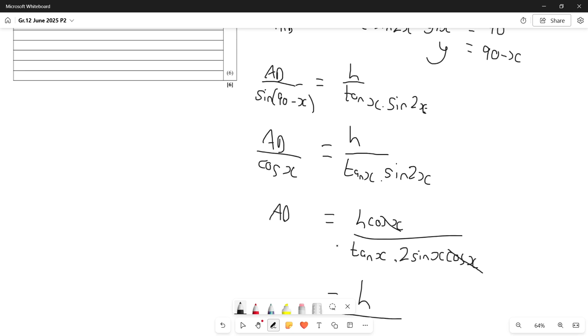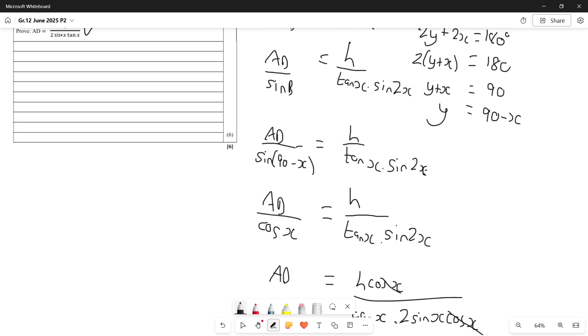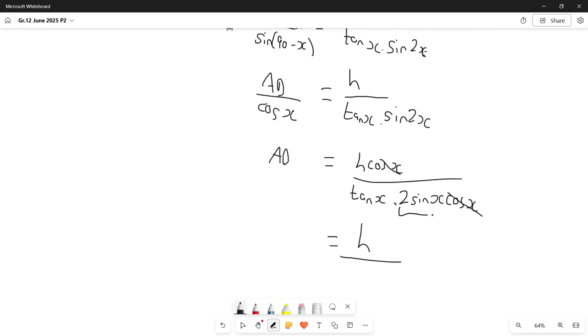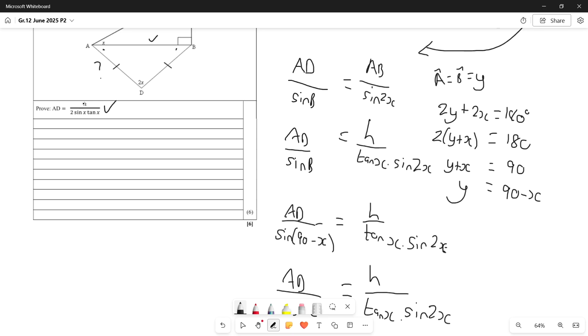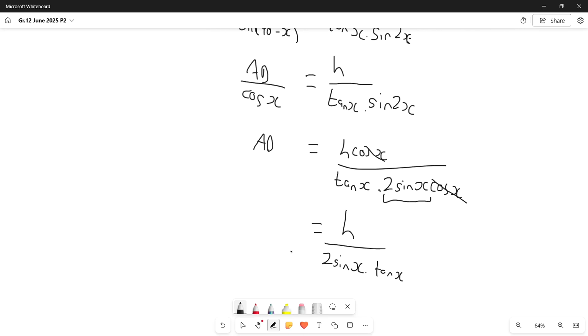So I'm just going to rearrange it in the form that they have with the 2 sine X first, but here is the 2 sine X that we have remaining. This was h, that was remaining at top. We had 2 sine X times tan X, and that is what they wanted. That is our final answer, h over 2 sine X tan X, and we have that AD equals h over 2 sine X tan X.